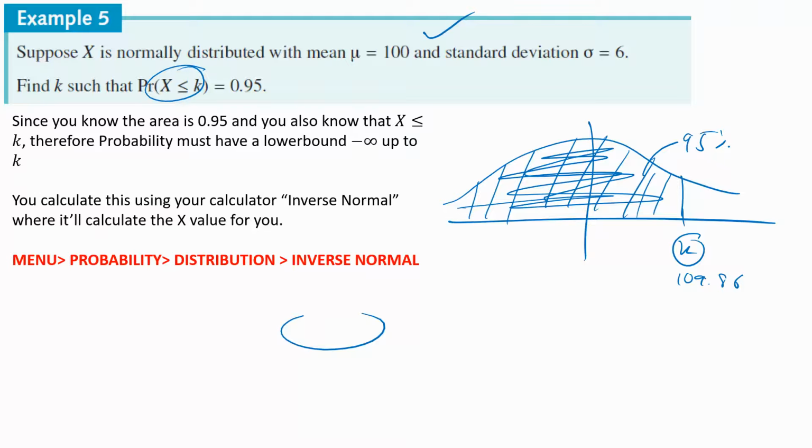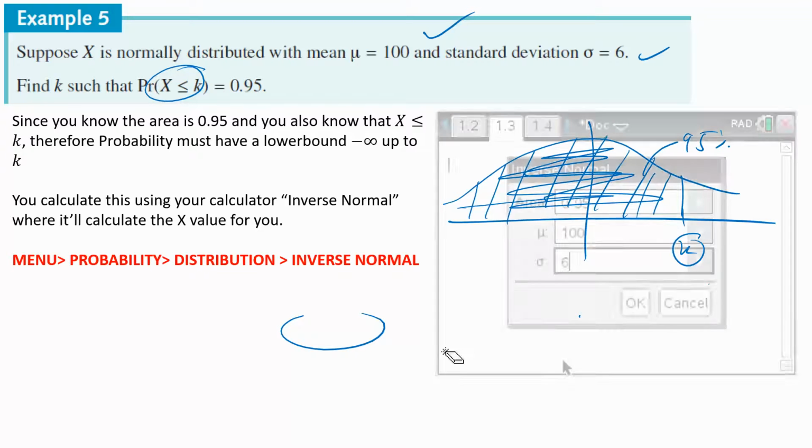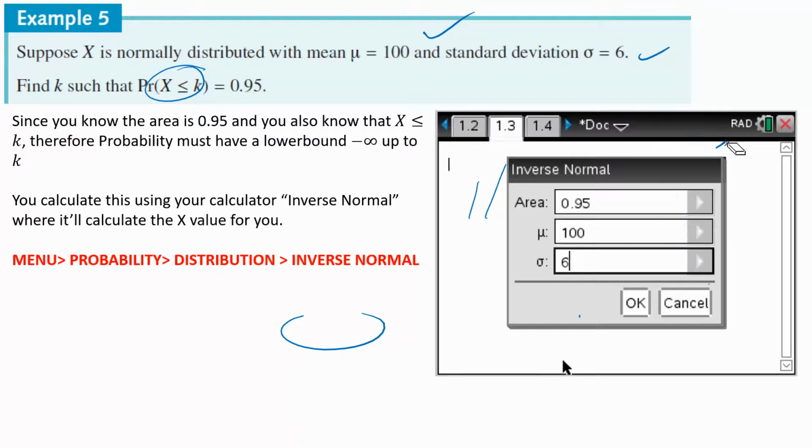If you knew the mean is 100, standard deviation 6, from left to right you'd have to be at 109.86. But if I changed that question and said I want it to be greater than k and I want it to be 16%, you see, if I typed in my calculator 16%, all it's going to calculate is from left to right.